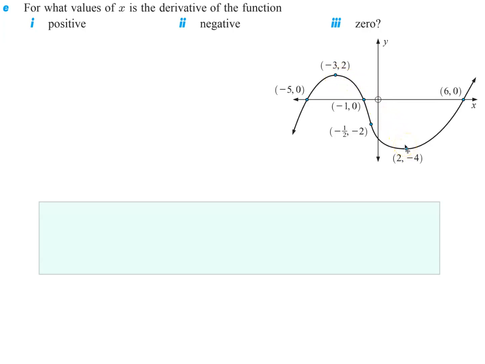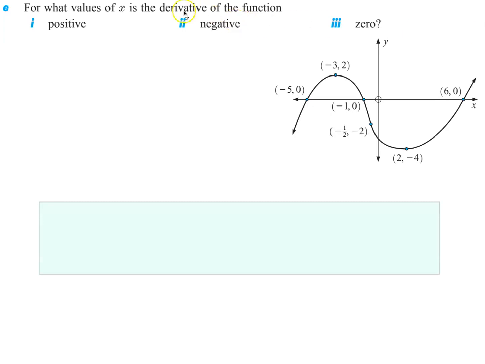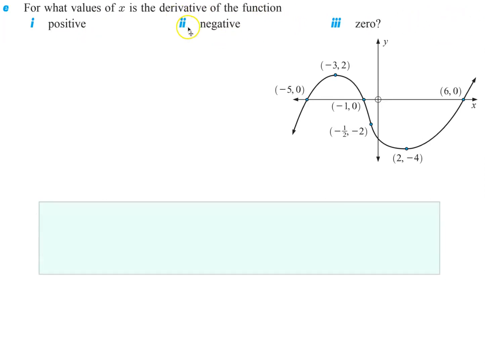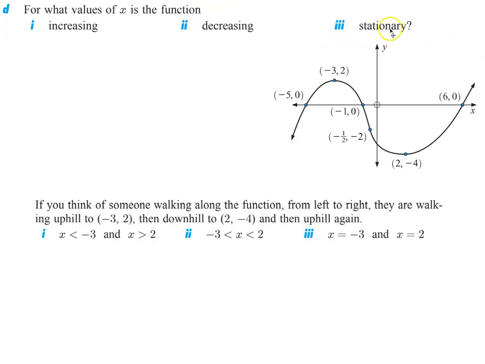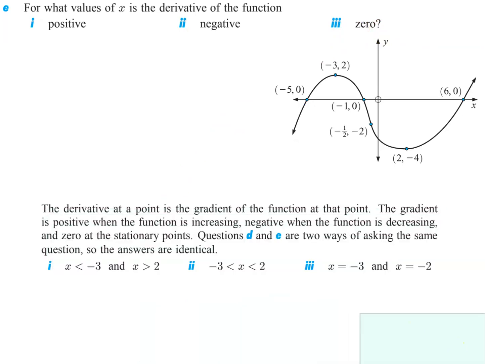And hopefully you realized that the answer to question E is exactly the same as the answer to question D. In other words, the function is increasing when the derivative is positive, decreasing when the derivative is negative, and stationary when the derivative is 0.